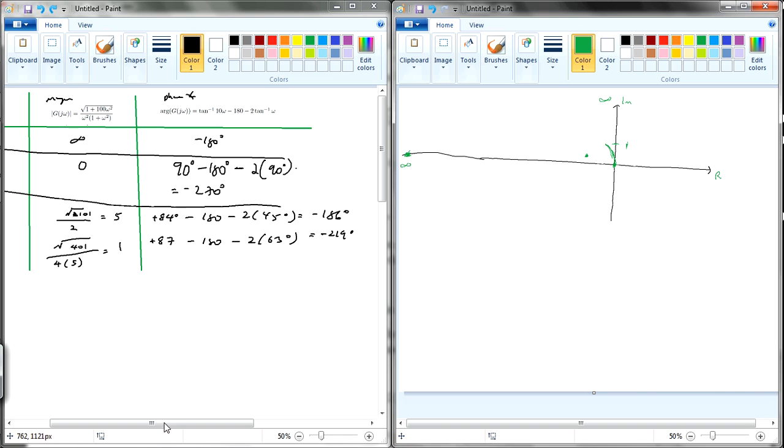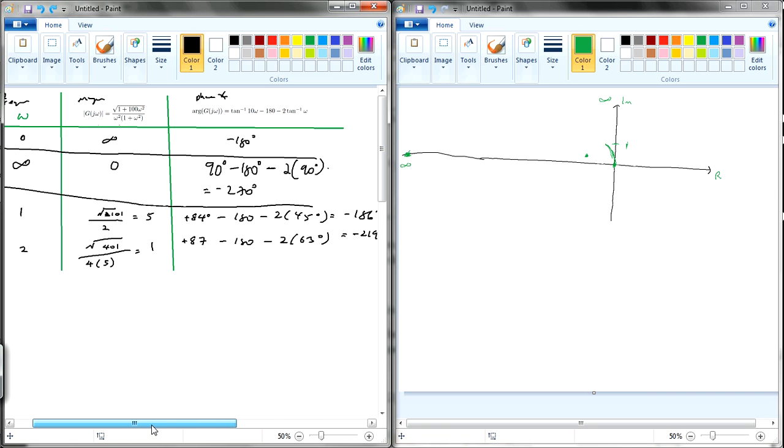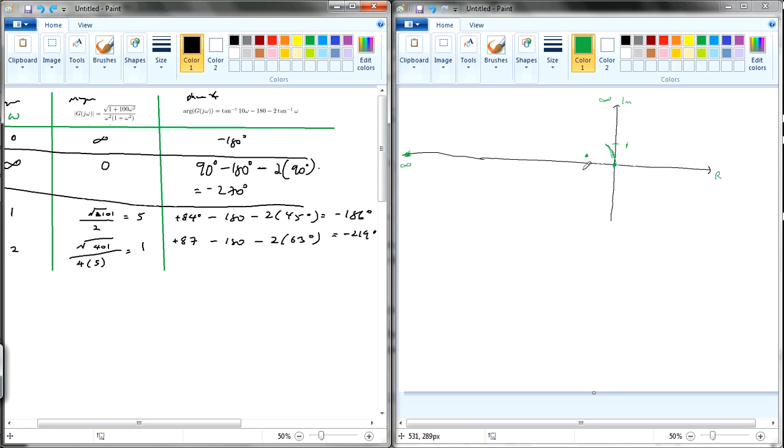And then at omega equals 2. Maybe I should draw it again, so maybe I should redraw. At frequency equals 1, this is the point. And then at 2, maybe I should plot the point first.